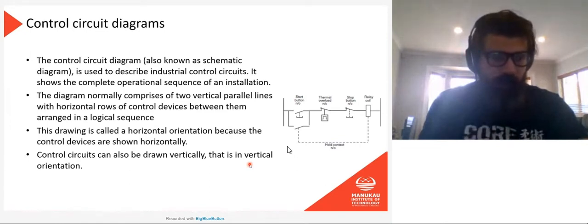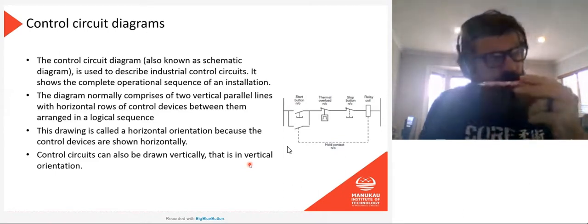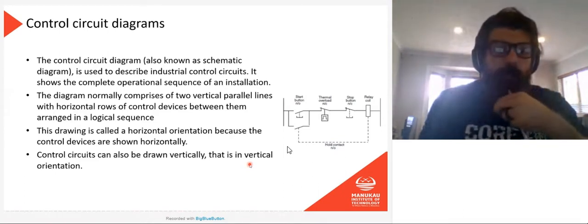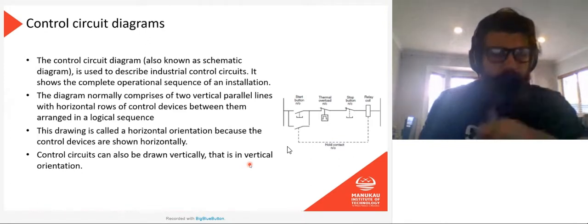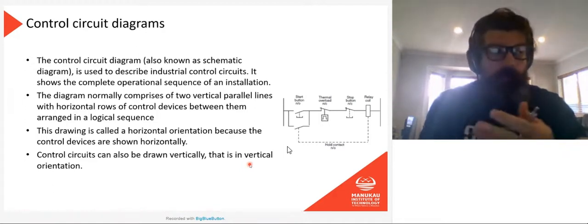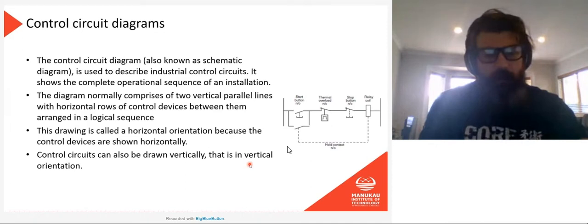We're not directly switching on the power. What we have there is a control circuit that runs through all of those devices. And then that control circuit will switch on a contactor, which powers all of the socket outlets in our classroom. And it's exactly the same concept as what we're talking about here. Any control circuit will use a similar or even exactly the same type of circuit as that.